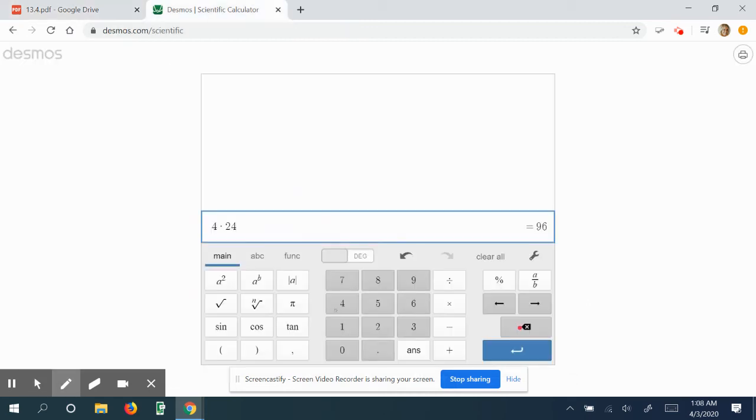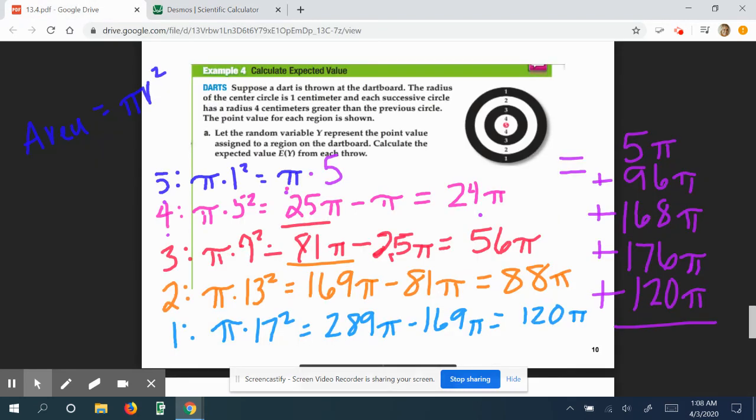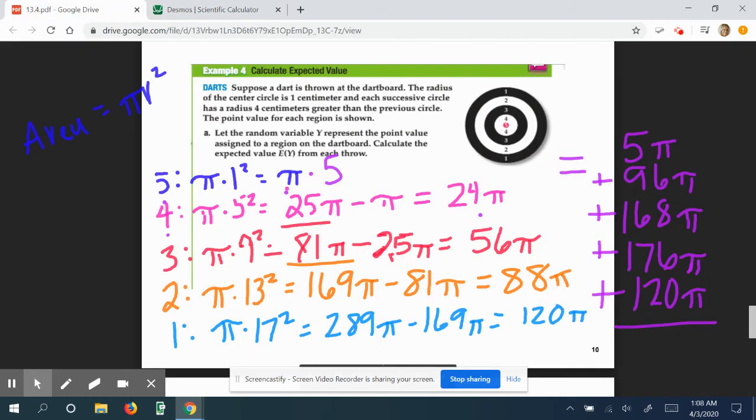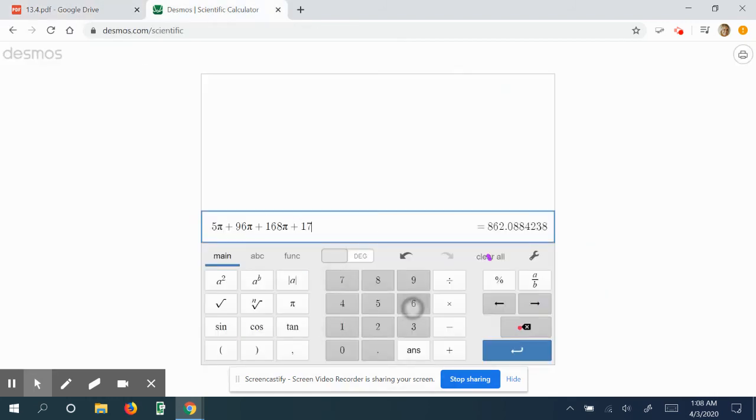So we're going to say 5 pi plus 96 pi plus 168 pi plus 176 pi plus 120 pi equals 1,774.